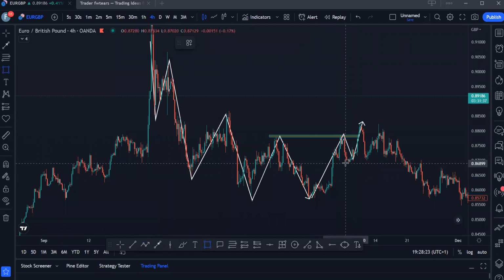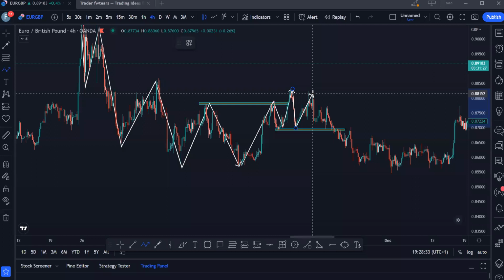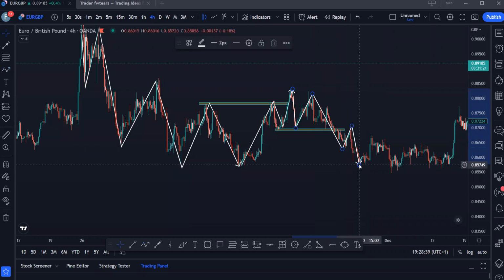All right, you want to see how price is moving from uptrend to downtrend. And remember, you are identifying uptrend and downtrend because you want to know the best zones to buy and sell. In a downtrend, you want to sell. In an uptrend, you want to buy. So if you get it wrong, if you didn't know that price is in an uptrend, and then you are looking to sell, you'll be losing trades.